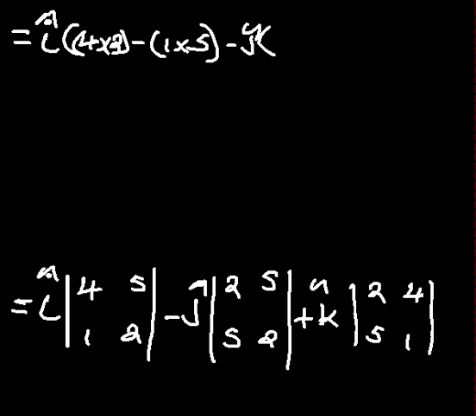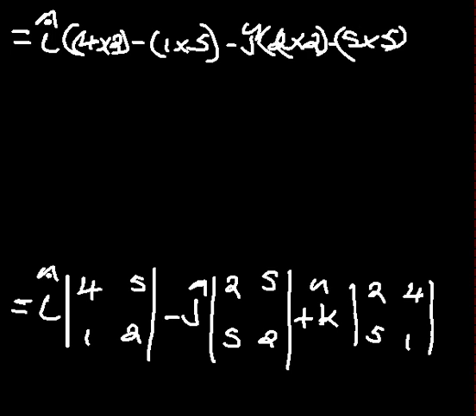Although some books present with these dots, I prefer using the hats. I concentrate on the physics whenever I talk about these things. So we also have 2 times 2 minus 5 times 5.